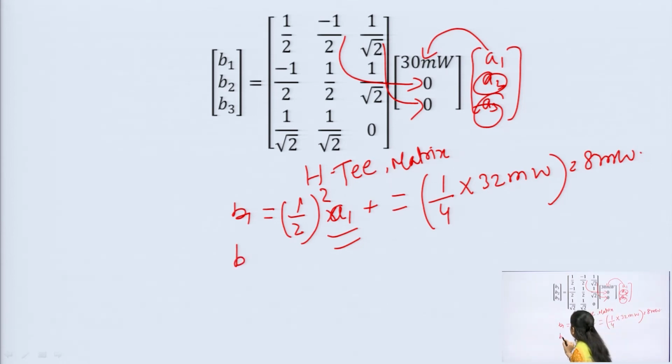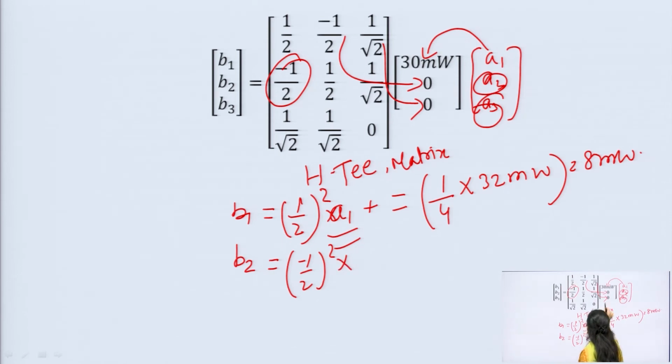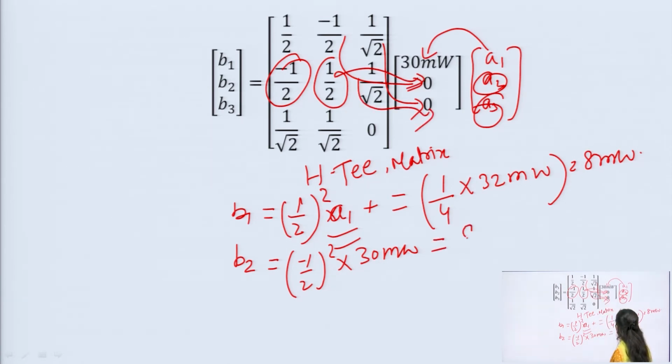Similarly for B2, with A1 which is 32, and 0, 0, again it will be 8 milliwatt.